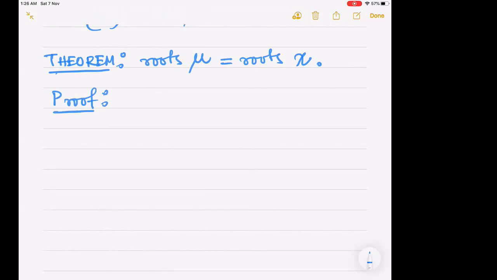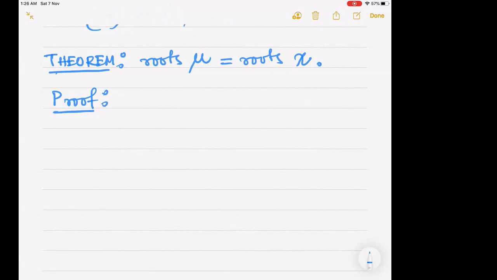So how do we prove this? Once again, when we have to prove equality of two sets, we have to show containment of one set in the other. How do we do that?